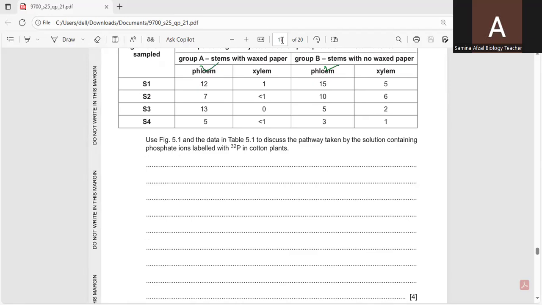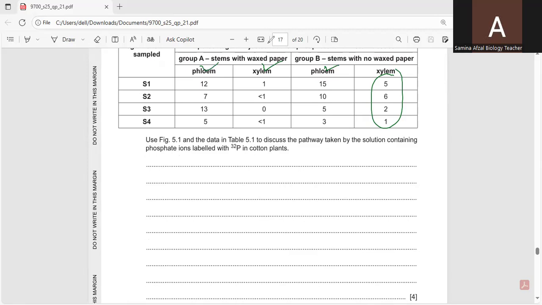But in this case, where there is no waxed paper, it is laterally transferred from the phloem to the xylem. So some quantity of it is, and this is the reason the value in the xylem is higher than the xylem with the waxed paper, where there is blockage and no entry of P32.